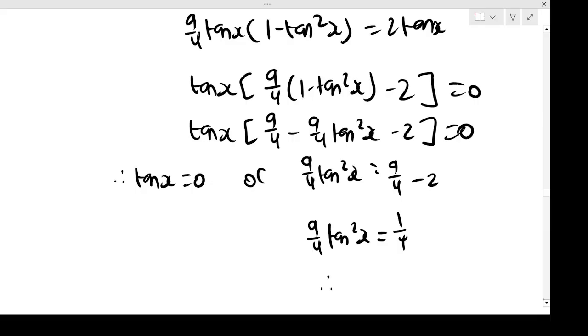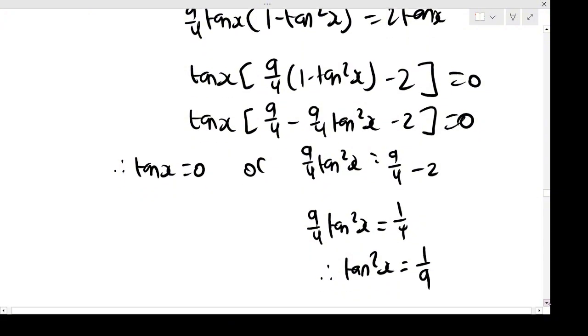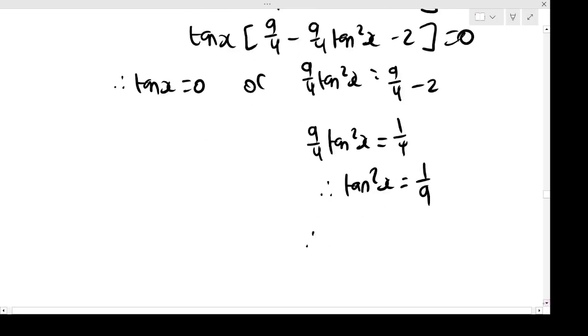So if I then divide by 9/4, I get tan squared x to be 1/9. Okay, and so therefore, if I root both sides, I get tan x to be plus or minus root 1/9. Okay, so that would be tan x is positive 1/3 or negative 1/3.